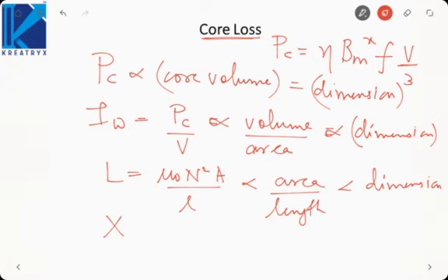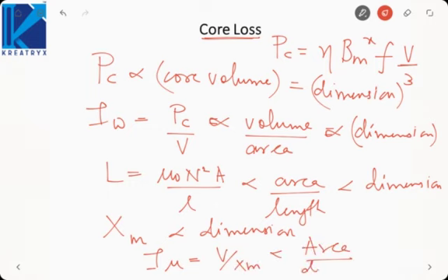That means the reactance that we consider, Xm, is also proportional to dimension. Then if we talk about I mu, V by Xm, proportional to area by dimension. So it is proportional to dimension. That is, if dimensions are made doubled, then magnetizing current also doubles itself.